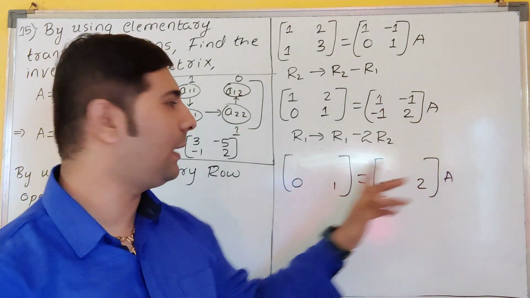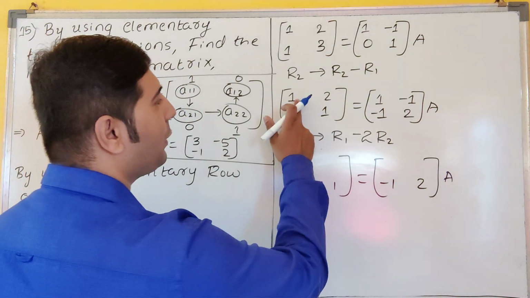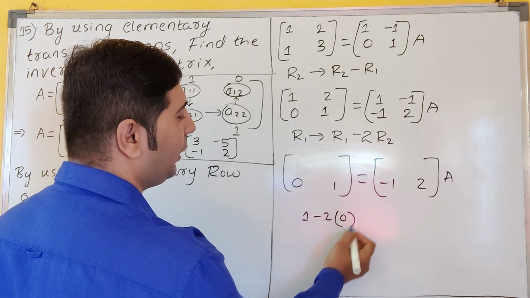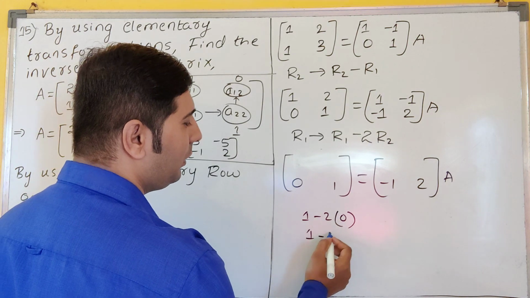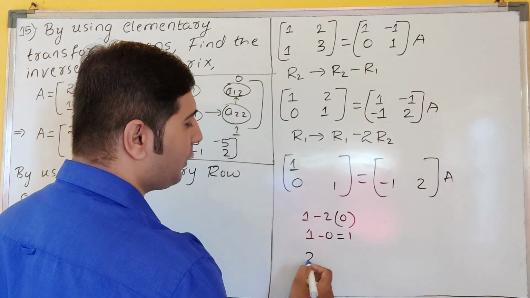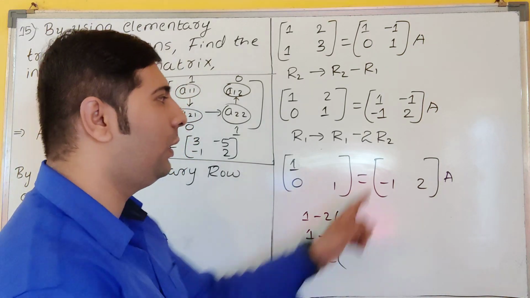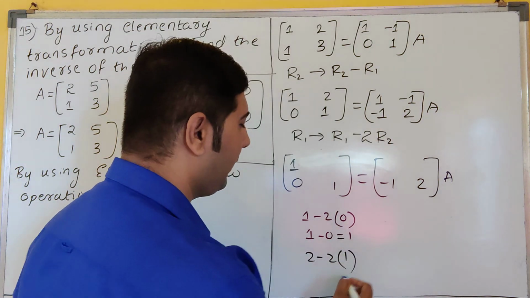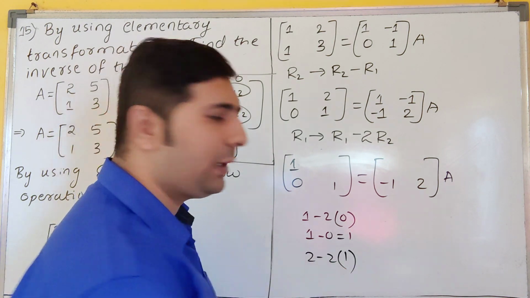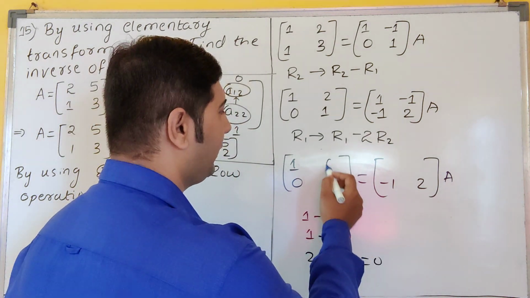R2 is not changing. R1 you see. R1 is 1. Minus 2 into R2, which is 0. 2 into 0 is 0. 1 minus 0 is 1. So now see, R1 is 2. Minus 2 into R2, which is 1. Minus 2 into 1 is minus 2. 2 minus 2 is 0, dear students.